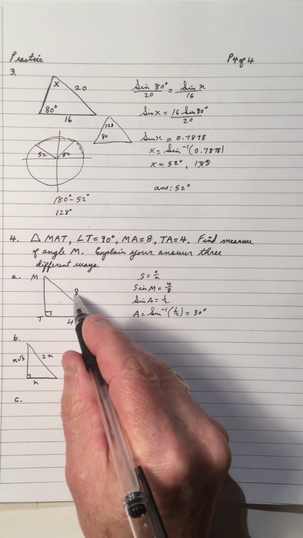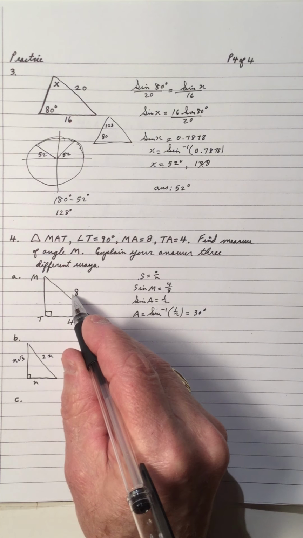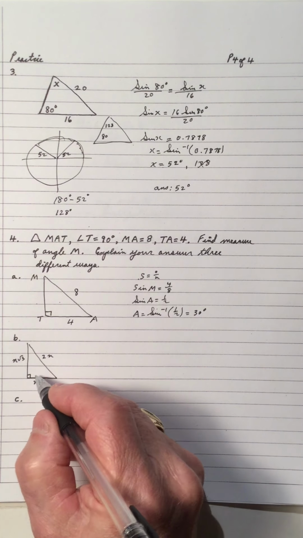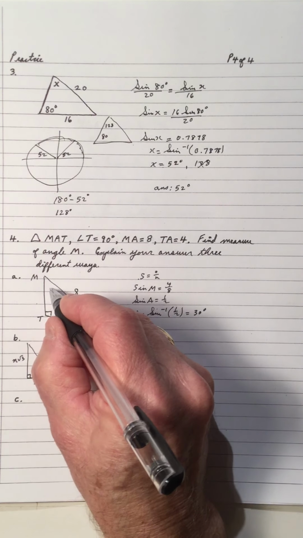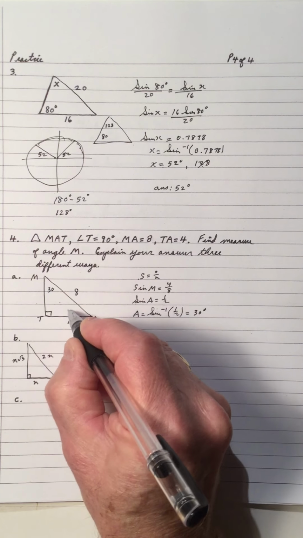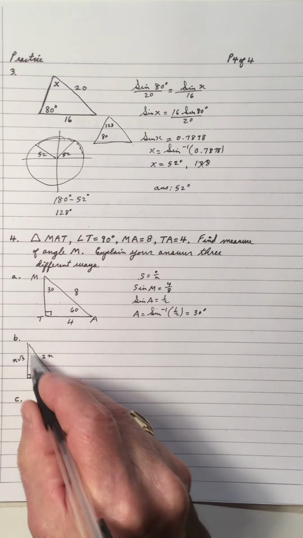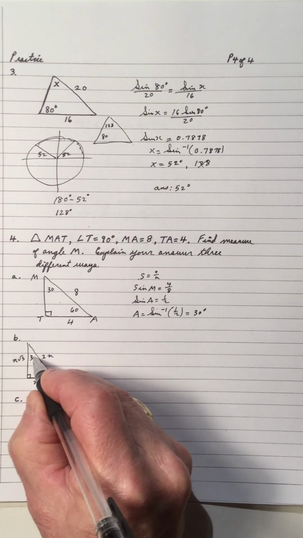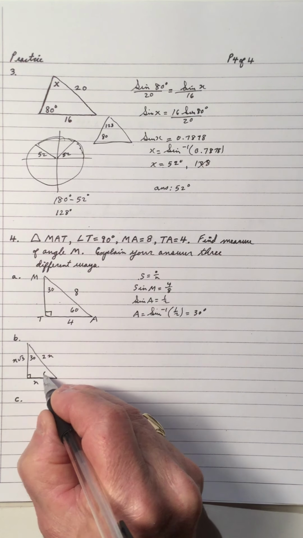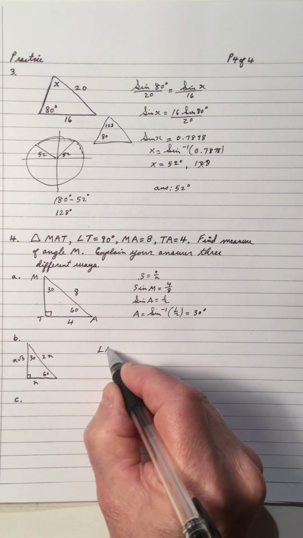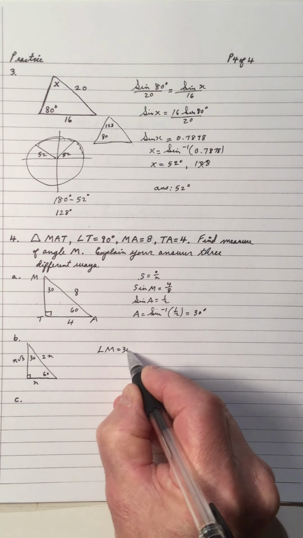So if that's a 4 and an 8, which lines up with here, then this is a 30, this is a 60, and this is a 90. In this triangle, opposite the n is 30. Opposite the n root 3 is a 60. Opposite here is a 90. So that means that angle M is equal to 30 degrees.